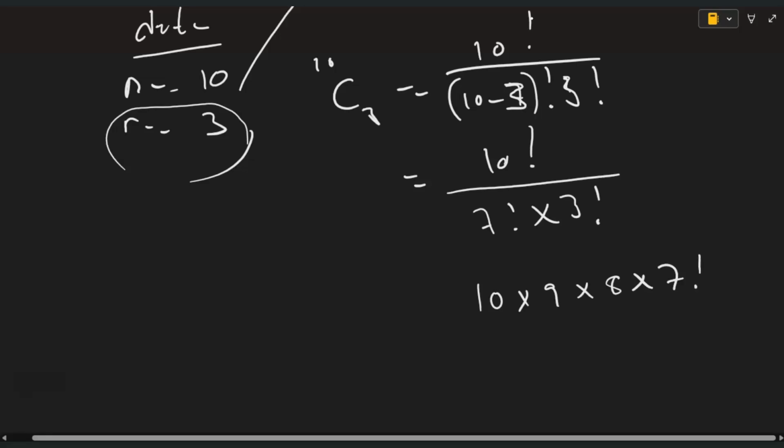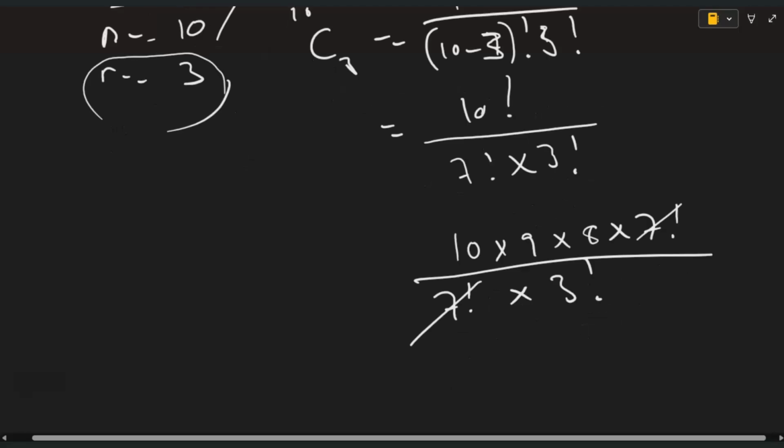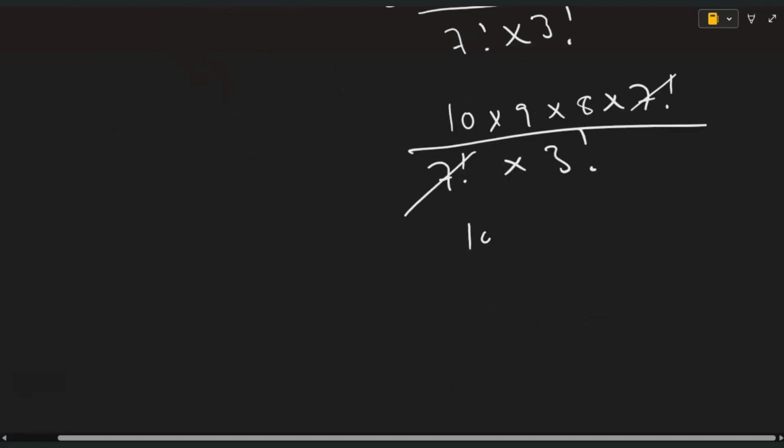Then in our denominator we have 7 factorial multiplied by 3 factorial. You realize that this will cancel out with this one. What will remain is 10 multiplied by 9 multiplied by 8 divided by 3 multiplied by 2 multiplied by 1, since 3 factorial is 3 times 2 times 1.